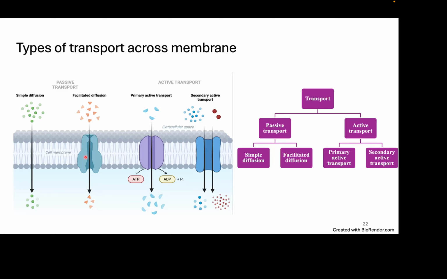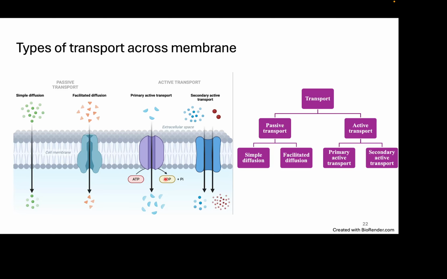If we talk about active transport, in the primary active transport, the molecules are transporting from their low concentration towards higher concentration, that is against the concentration gradient, with the help of a protein, and energy is associated during this transportation.